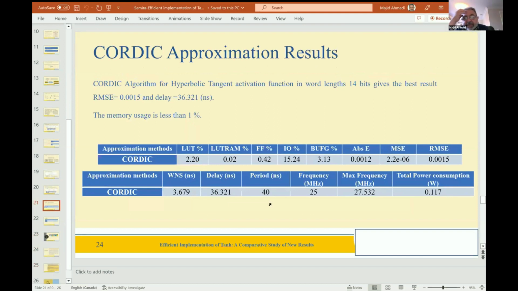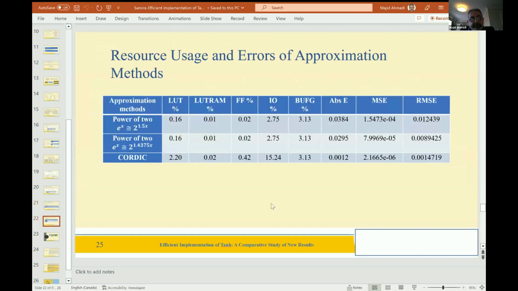Now, when we look at the CORDIC approximation results, again in terms of the resources they use, in terms of the LUT, RAM, and the percentage of flip-flops and I/O devices, you see what we have in terms of the MSE and RMSE, and also in terms of the delay that they generate. In fact, the delay is more than what we have for the power of 2 approximation, but the accuracy is quite good.